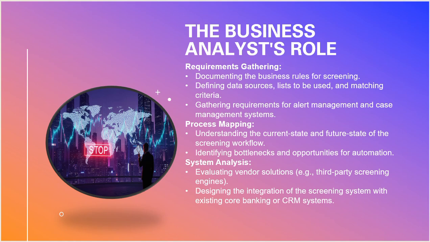Then process mapping: how to understand the current state and the future state of the screening flow, how the system will work in screening, and when the process will start. The BA will do input-process-output analysis for the current state and also for the to-be state, and will do root cause analysis.